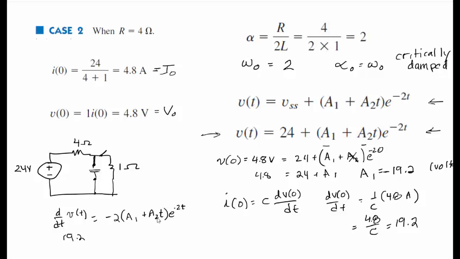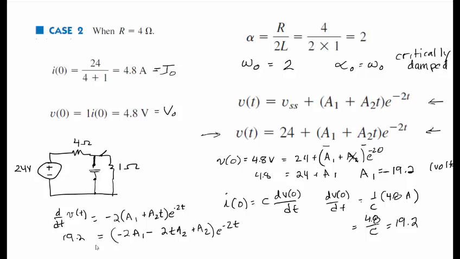Actually it's easier if you split it up. So in the end you get minus 2A1 minus 2tA2 plus A2, which is the derivative of this part in here, all times e to the minus 2t.